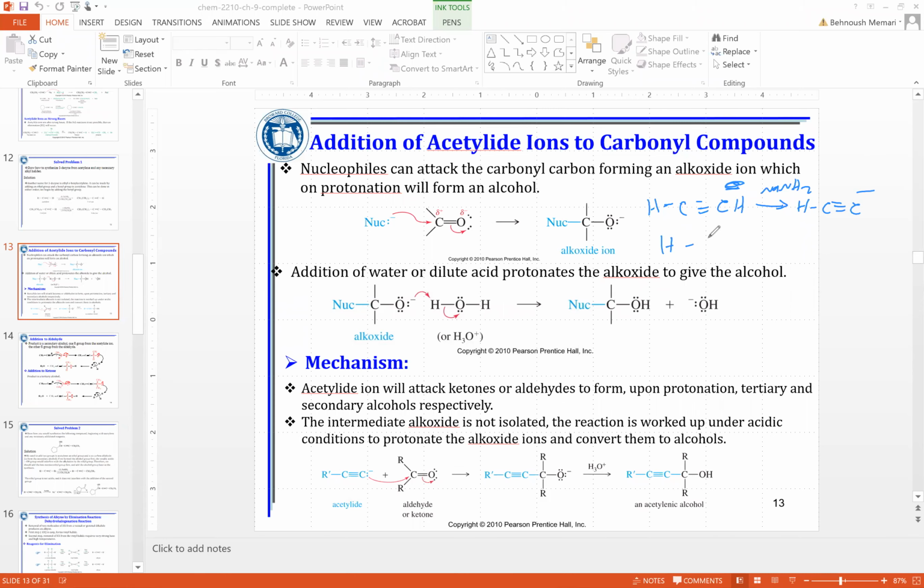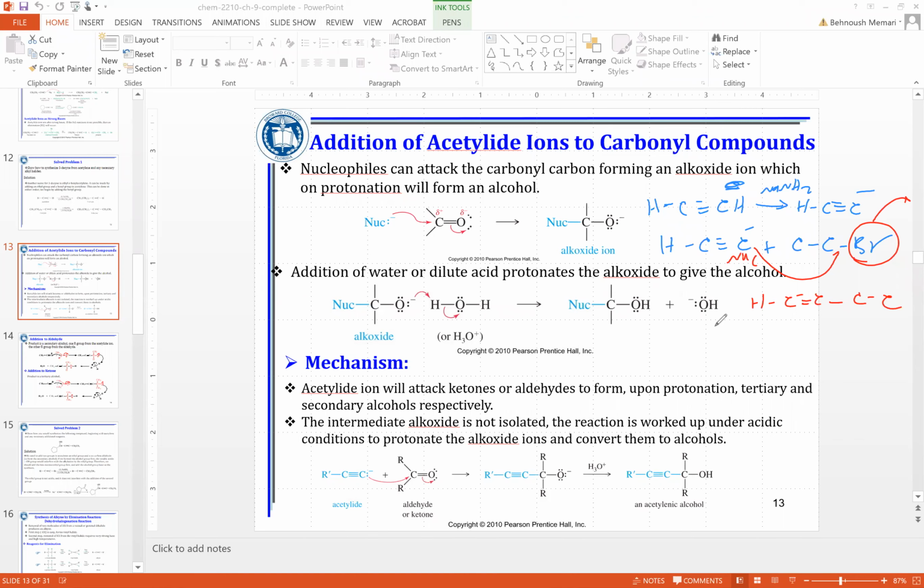Acetylide ion can react with alkyl halide, let's say ethyl bromide. In this reaction, we have the nucleophile and the leaving group. So a nucleophilic attack, the leaving group leaves, and you increase the carbon chain. Your final product is going to have 4 carbons instead of the 2 carbons that you have for acetylene.